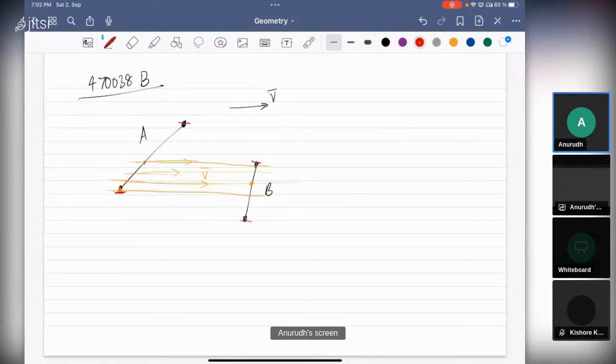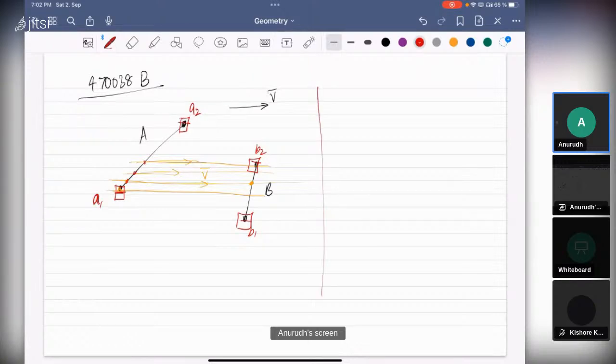Instead of checking all random points, we just need to check these 4 points. Let's call the endpoints A1 and A2, and B1 and B2. You want to check if, say, starting from A1, it hits B if you go along V, and similarly for the others. So we have 4 cases.